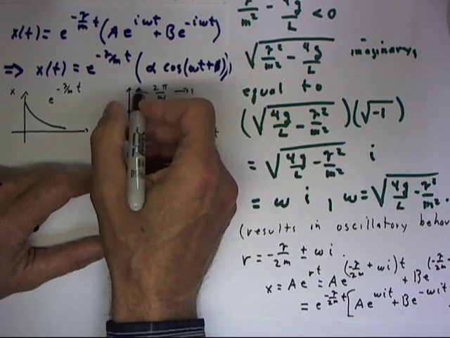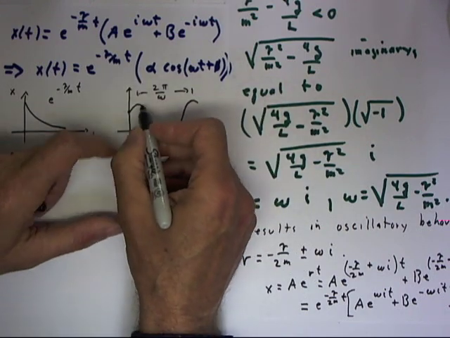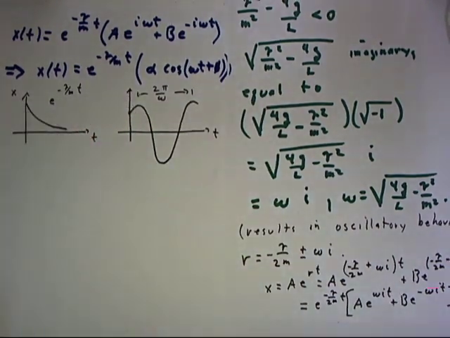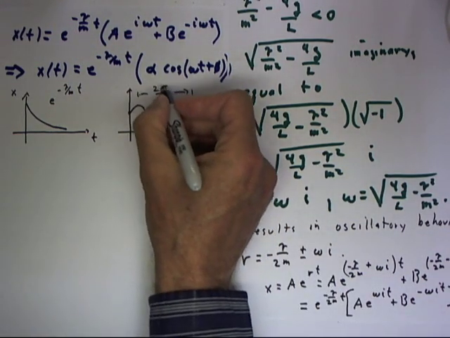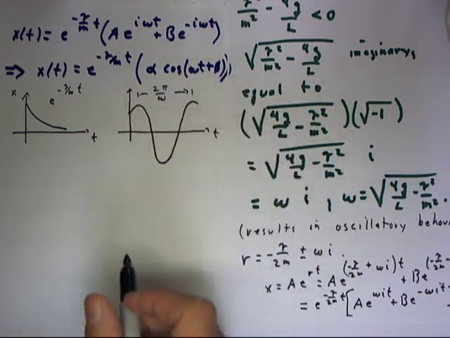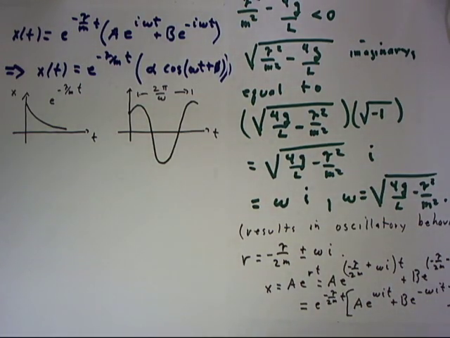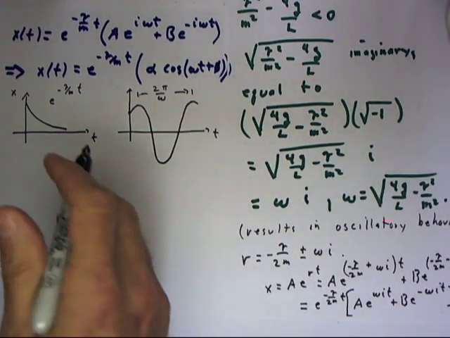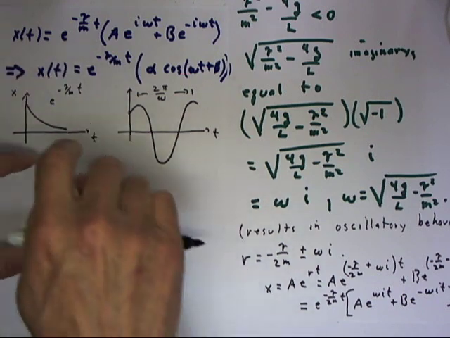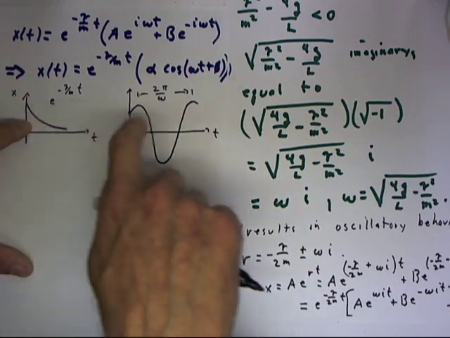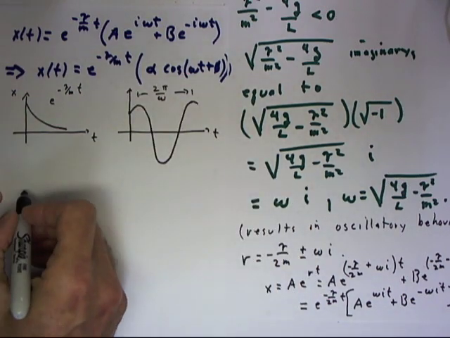Of course, this axis being the t, that means that our period of the function will be 2 pi over omega measured in units of time. Our x of t function is going to be the product of a function of this nature and a function of this nature.